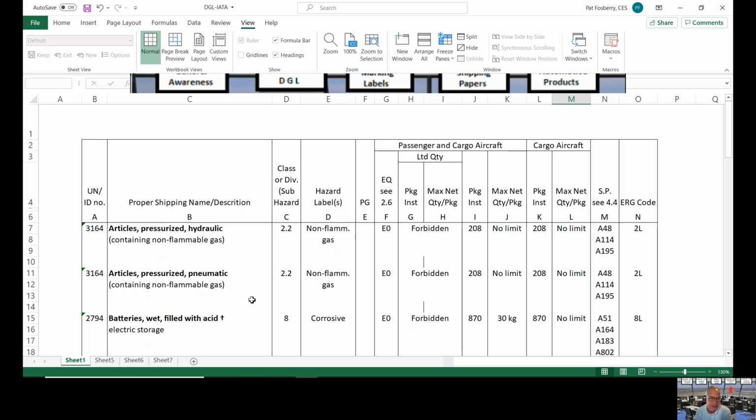Again, you don't have any of those, but if you do see those, they are not part of the alphabetical listing of the proper shipping name, but they are actually part of the shipping names. And you'll see the terms NOS in there. And like I said, with NOS, you look for whether or not it has a star next to it.